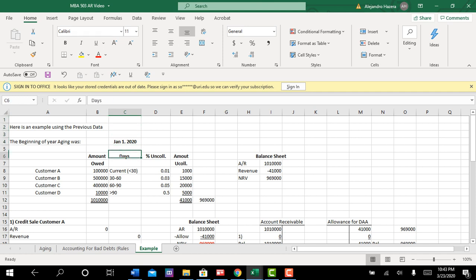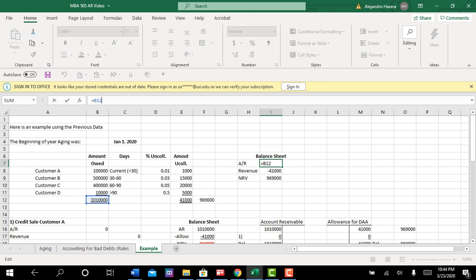In this example, we start with the aging that you've seen a couple of times now and the corresponding balance sheet. Notice that this number here is equal to that number right there, and this number here, with any luck, is equal to that number right there. So in a sense, the balance sheet numbers come from what we would call underlying records or subsidiary records.